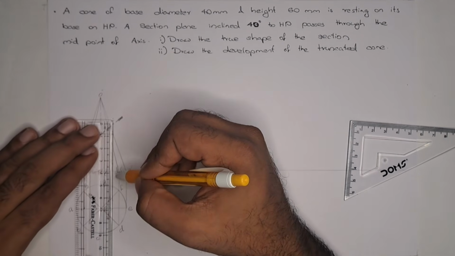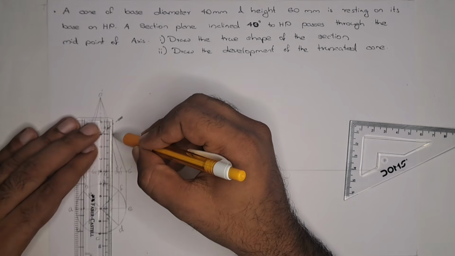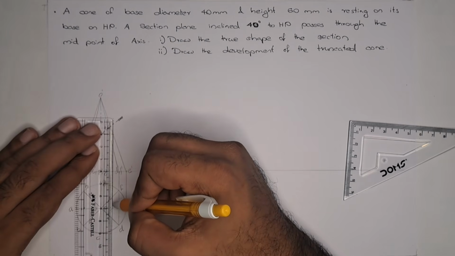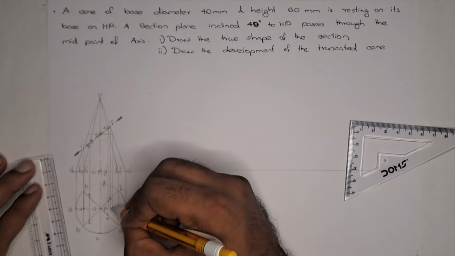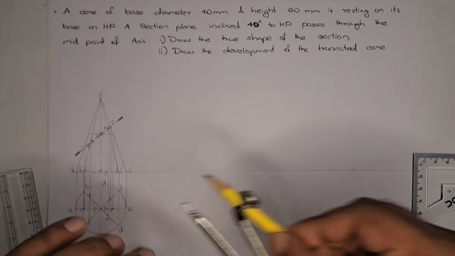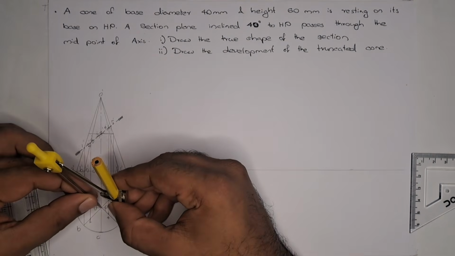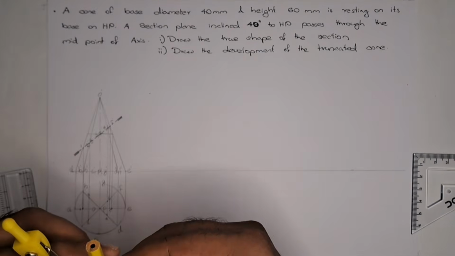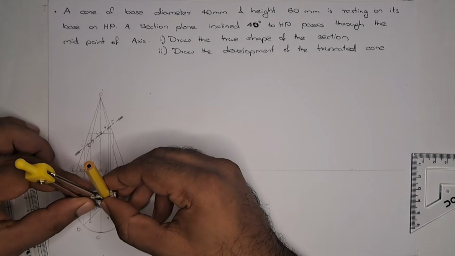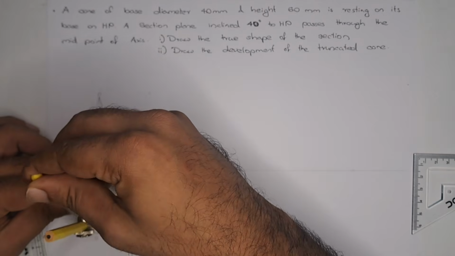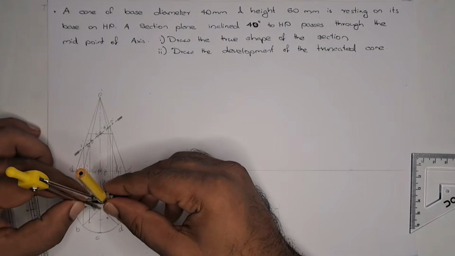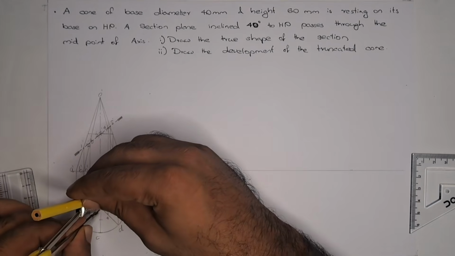Then we draw a line on the top view and mark a point here. With the help of the compass, we take the distance and mark the points here.